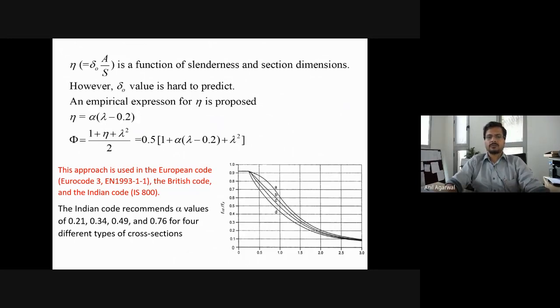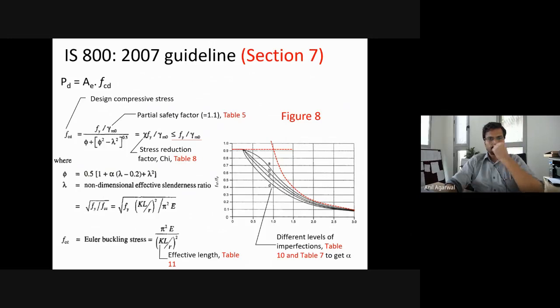And alpha values are given for different types of cross sections. So these are the 4 curves given in the Indian code, 4 classes of cross sections A, B, C, and D. And this is the theoretical curve, the theoretical elastic buckling curve, and this is the Fy curve including the effect of factor of safety, gamma m0.